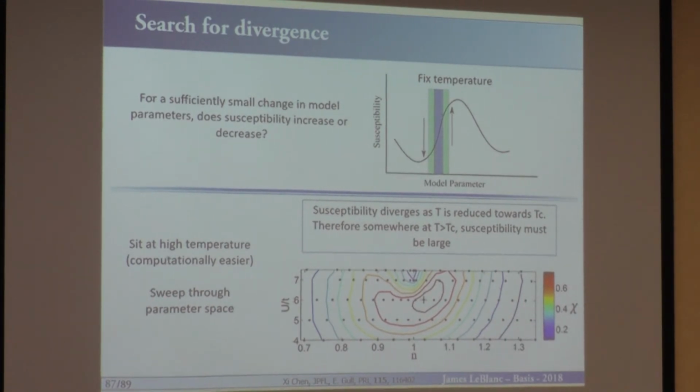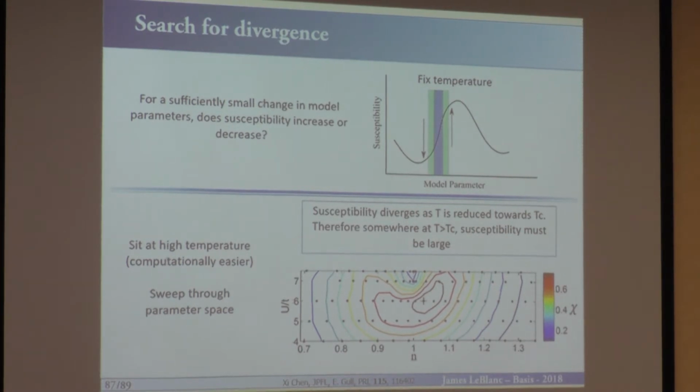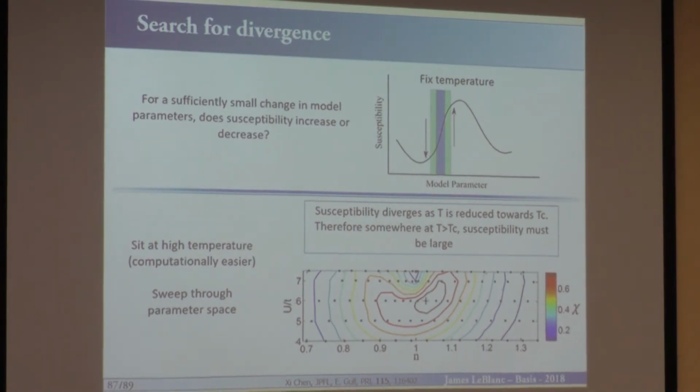And you're basically stuck with the idea that it might be the case that before the susceptibility diverges, it just becomes large. So you can sit at some very high temperature and sweep parameter space where your calculation is easy and look for the region where the susceptibility is largest.